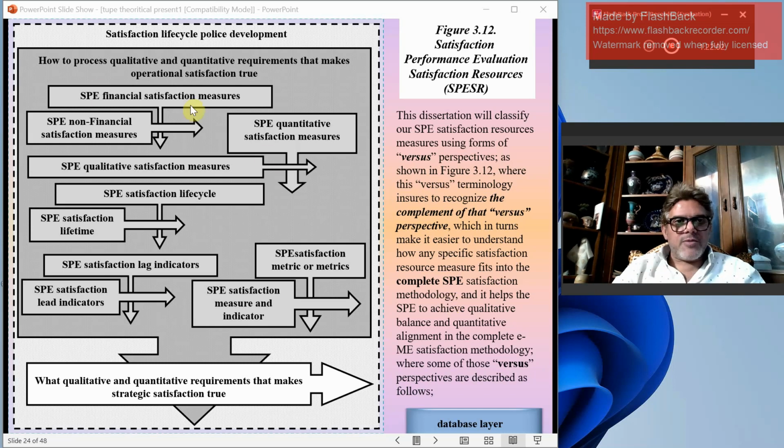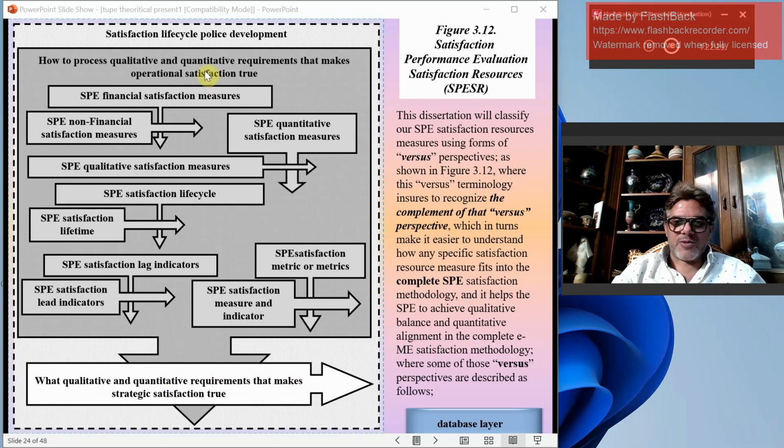So now here we have how to process, which is the operational: how to process qualitative and quantitative requirements that make operation satisfaction true. And here, what qualitative and quantitative satisfaction makes strategic satisfaction true. Okay, so I'm going to say something right now.